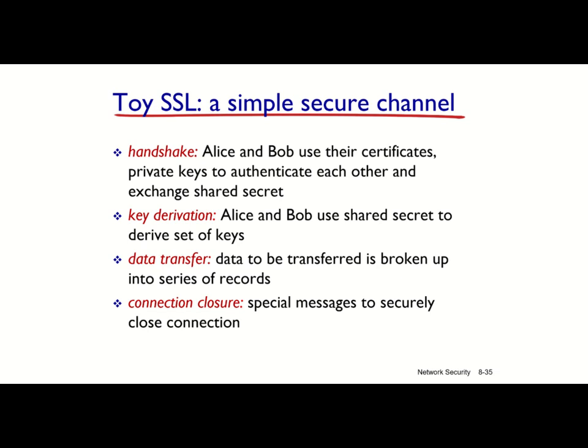And after that, they use their shared secret to derive a set of keys, and then after they find the keys, they start exchanging data. But the data has to be first broken into a series of records before being transferred, and then at the end of the connection, they have to close the connection using some special messages to securely close the connection, because this way no one else can break the connection except both ends of the connection.